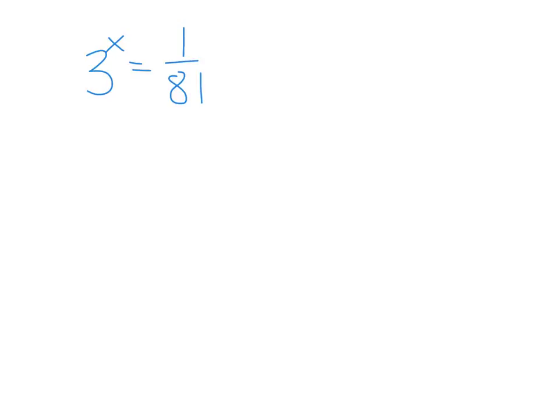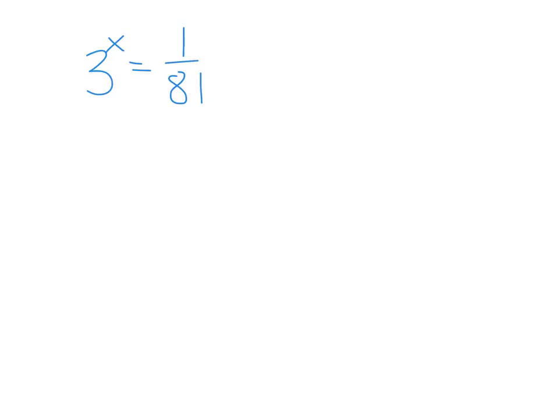So you can mess with any side that you want, but I'm going to mess with the side that has the bigger number because I think it's much easier to think about. So that means we're looking at 1 over 81. We need to rewrite this, and we don't have to do it in one step. In fact, we're going to do it in two steps.